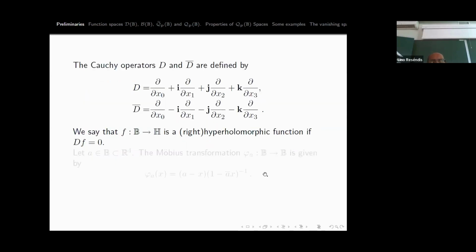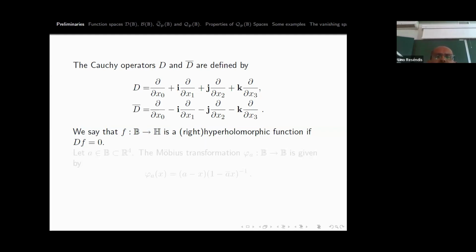Now we introduce these two Cauchy operators, D and D bar, defined in this form. D is the partial with respect to x0, plus e times the partial with respect to the first variable, plus iota times the partial of x2, and finally k times the partial of x3. In an analogous form, we define the bar operator, where we conjugate the imaginary part of the operator D. Then this is the first definition.